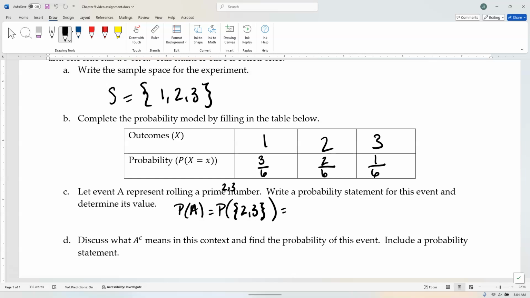And so then we would just say, on our number cube, how many sides are a 2 or a 3? Well, that'd be 3 of them, right? And if you want to simplify that, again, feel free. Now, when I say probability statement, this is super important. This is practicing some notation and showing our work to a degree. That would be P of A. So make sure every probability that you write has that with it.